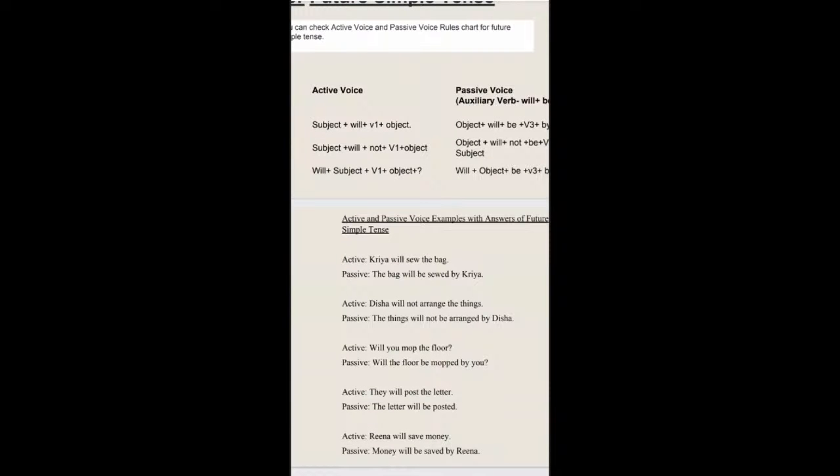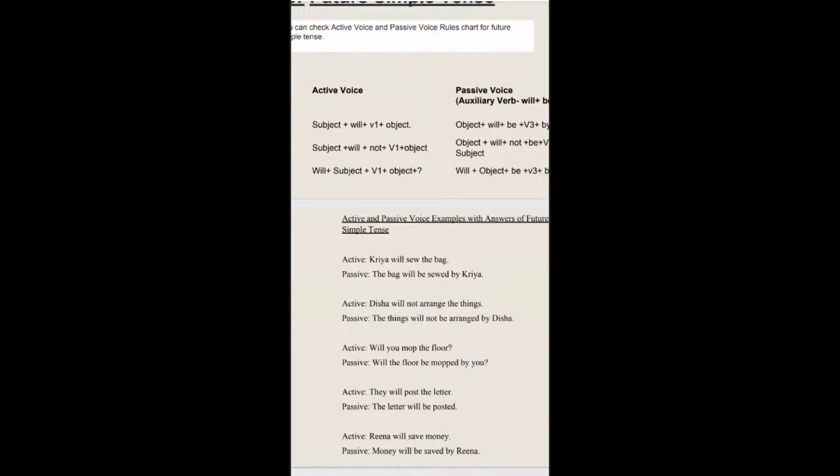So when you will be changing them to passive sentences, that time also there will be a will there. Will be in the active also, in the passive also. Don't miss out that. With that, there will be verbal changes. V1 will become V3. V1 is the present form of the verb. V3 is the participle form of the verb.